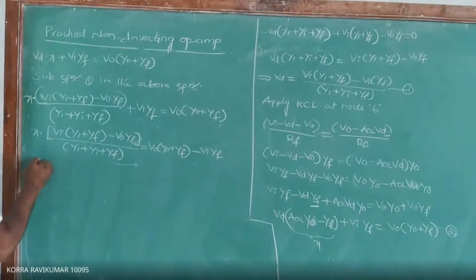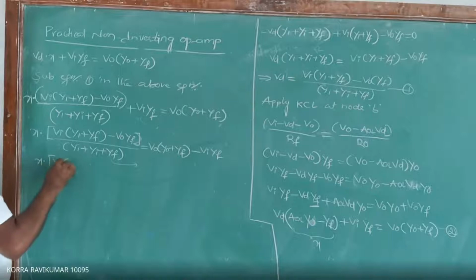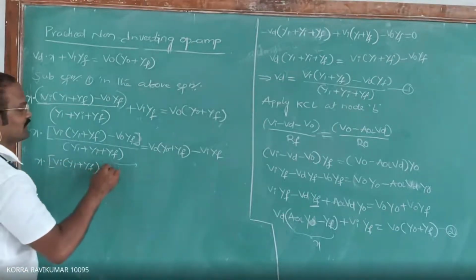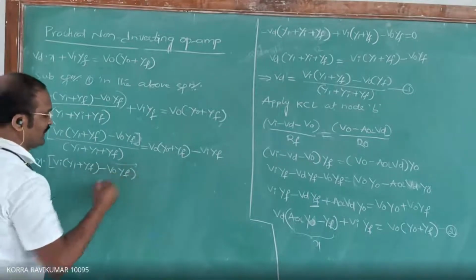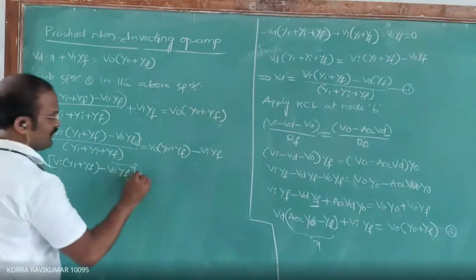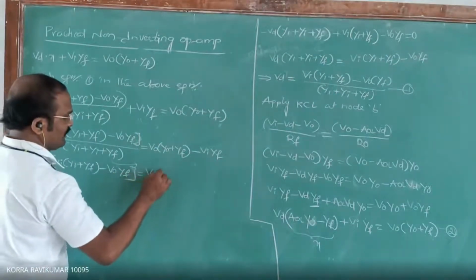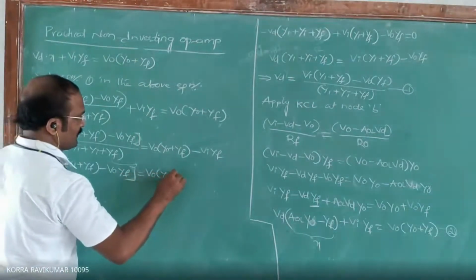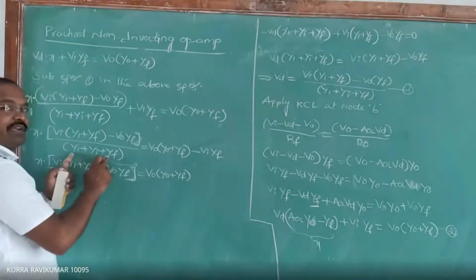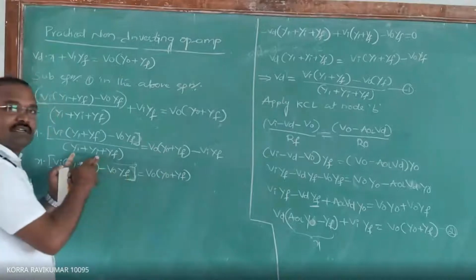Then the equation becomes X into Vi of (Y1 plus Yf) minus V0 into Yf, which equals V0 of (Y0 plus Yf) into this denominator. Here it is the denominator.